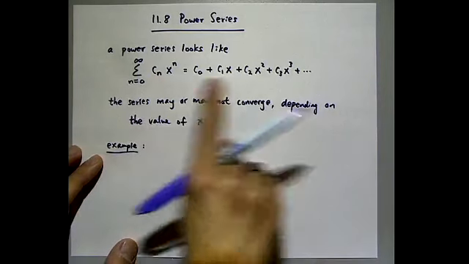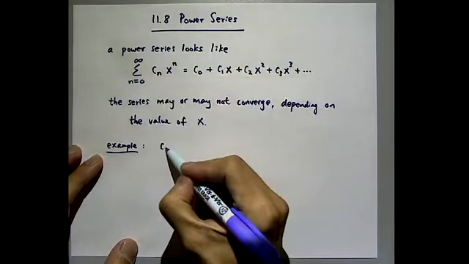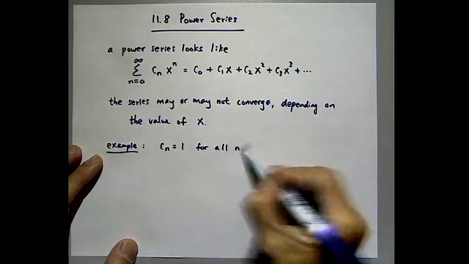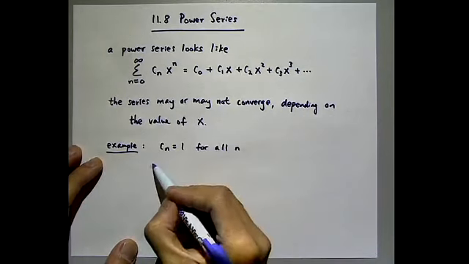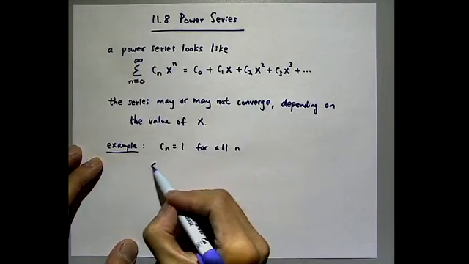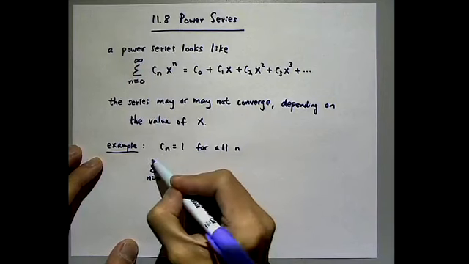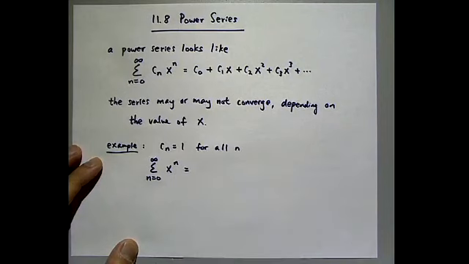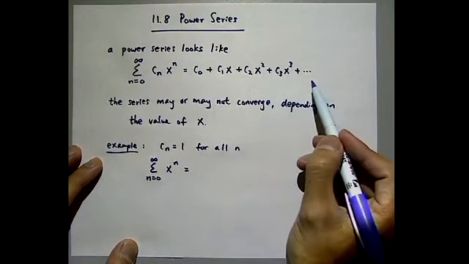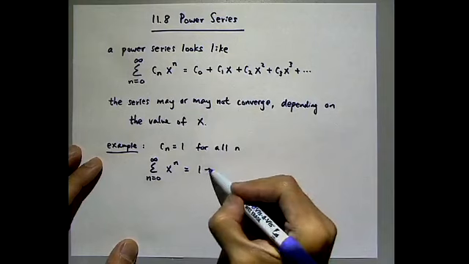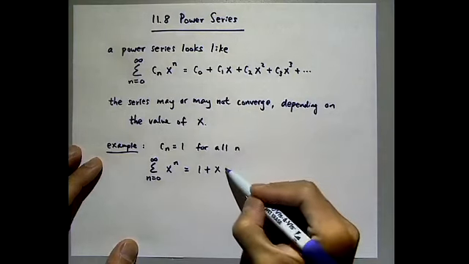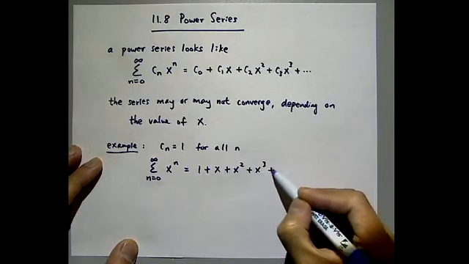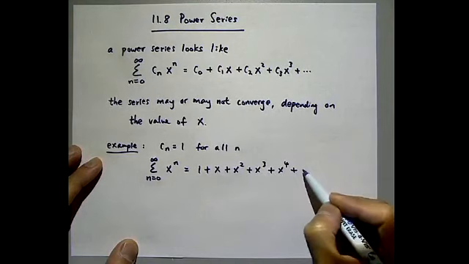Let's make all of these constants 1. And then we end up getting just the sum from 0 to infinity of x to the n. So all of these c's are 1 now. So we get 1 plus x plus x squared plus x cubed plus x to the 4th plus dot, dot, dot.